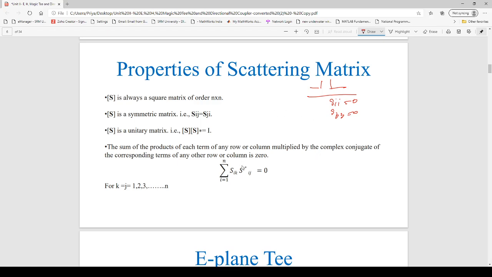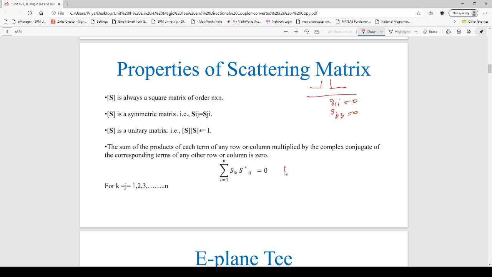And the next property, the sum of the product of each term of any row or column multiplied by the complex conjugate of the corresponding term of any row or column is going to be 0. So if you are having a different row, different column, if you are multiplying the rows and columns and summing it for different rows and different columns, it will be 0.